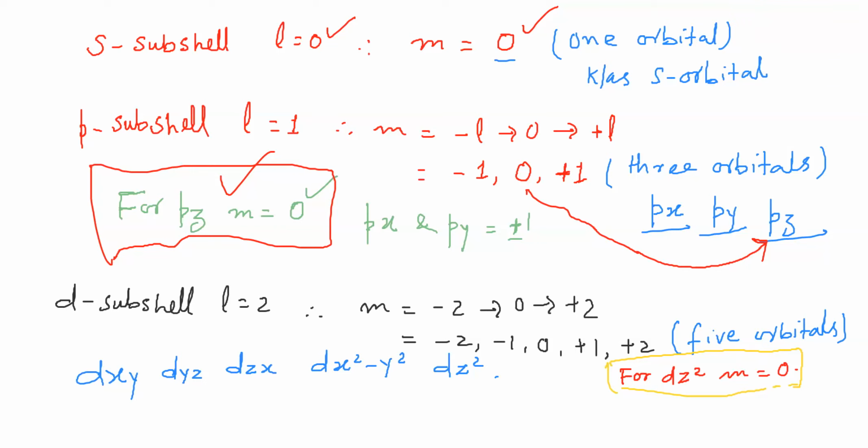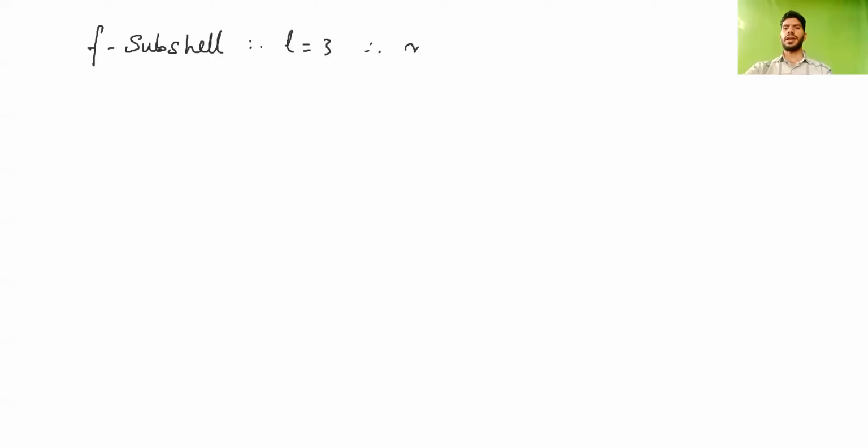Okay, so this is the number of orbitals. Similarly, you can calculate for the f subshell how many orbitals there will be. The L value is 3. Therefore, the M value will be minus 3 through 0 to plus 3: minus 3, minus 2, minus 1, 0, plus 1, plus 2, and plus 3.